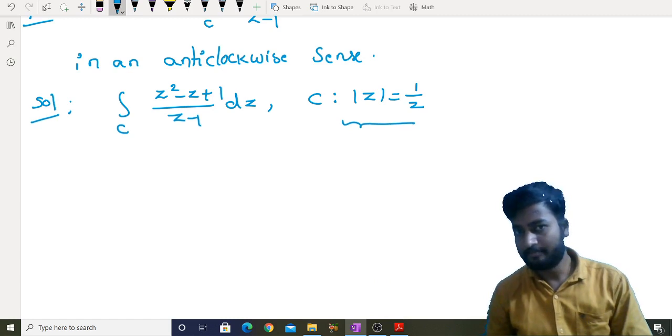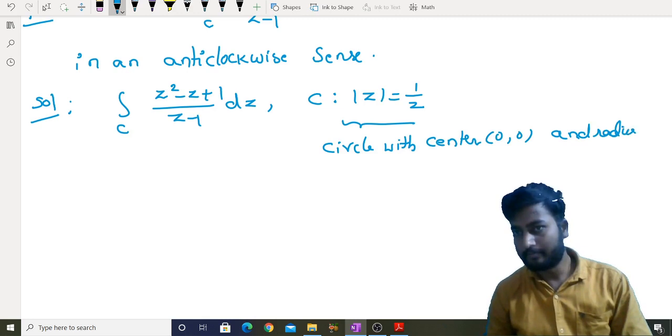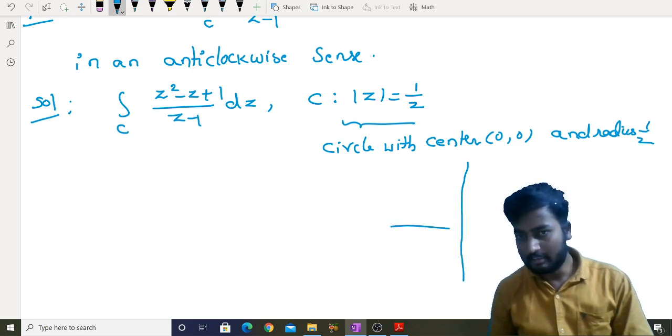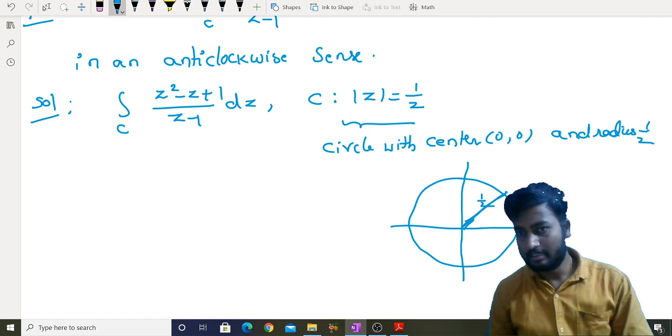Suppose we draw a circle with the radius 1 by 2, so this is your radius, which means here is the point (1 by 2, 0).